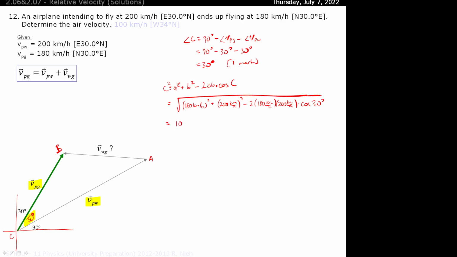To 0.23, so 100.23 kilometers per hour, and we're trying to figure out the velocity.